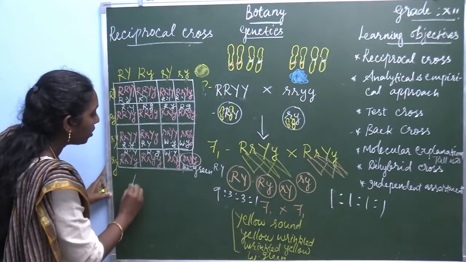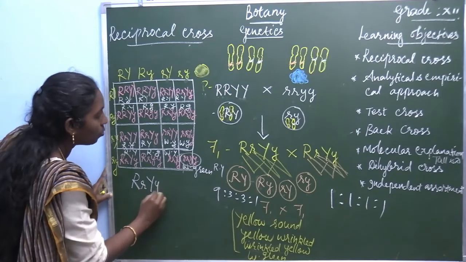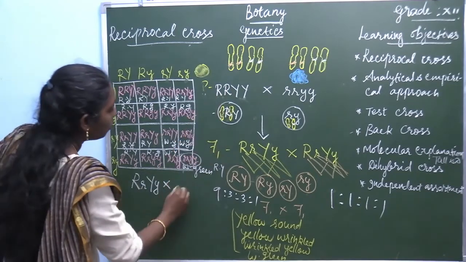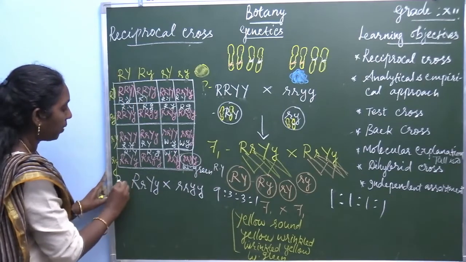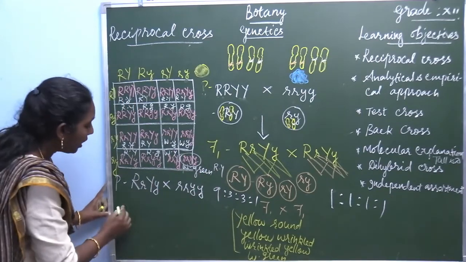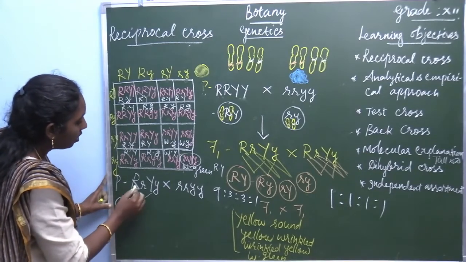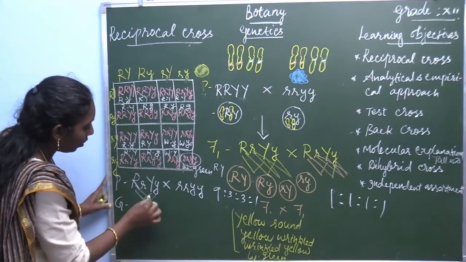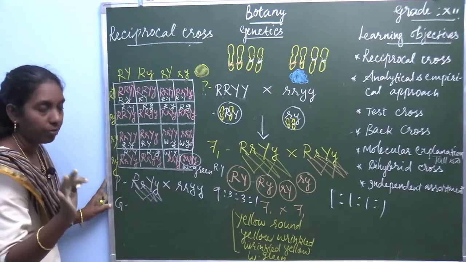So, capital R, capital Y, small r, small y crossed with small r, small y. These are the parents. Take out the gametes from here. Here capital R, capital Y, capital R, small y, small r, capital Y, small r, small y. 4 combinations of characters.